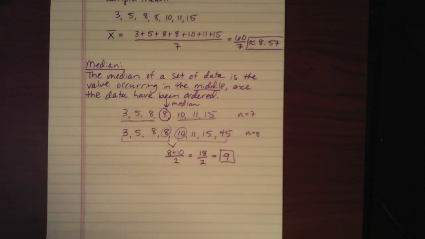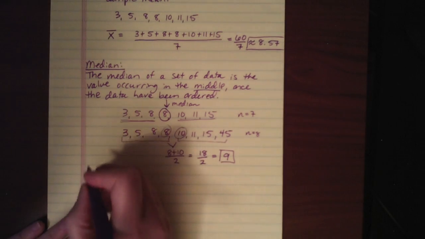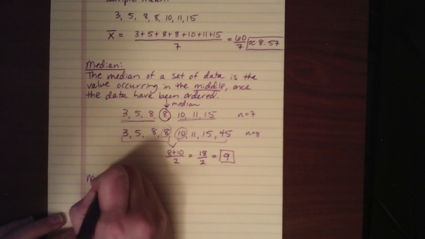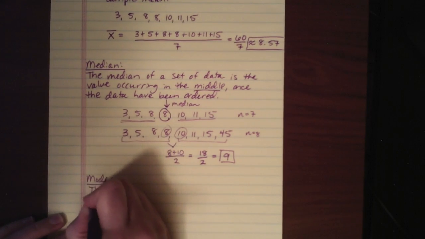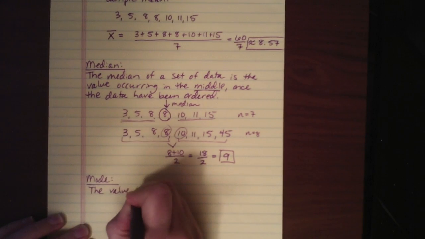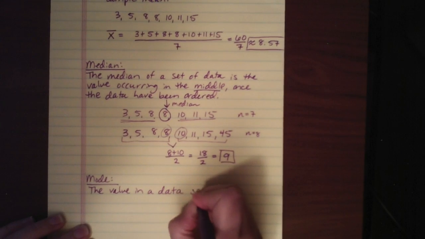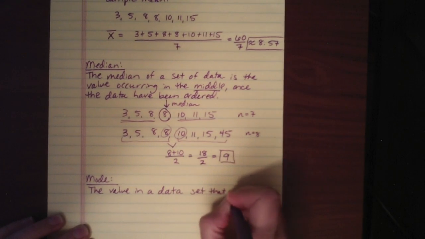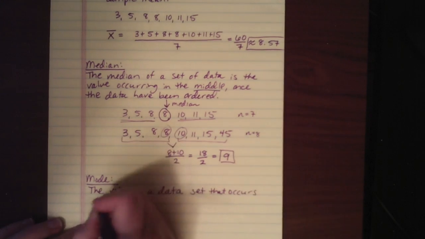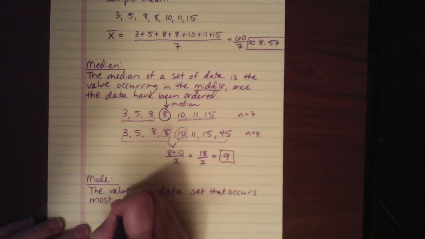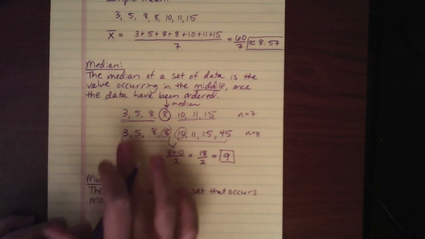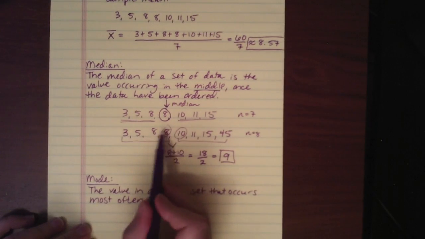And then lastly is the mode. And then we'll do some comparisons of those, and then we'll talk about the weighted average last. So the mode is the value in a data set that occurs most often. From our example above, you can see we've got 2 8s.